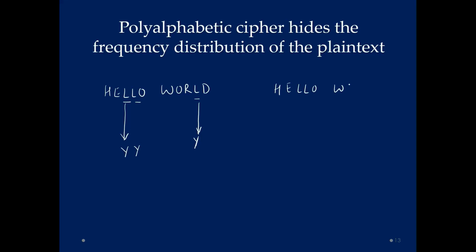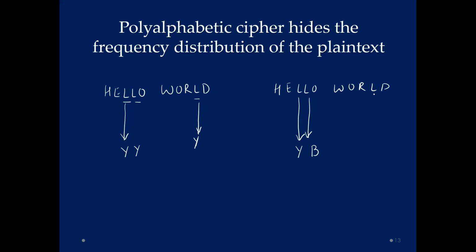But the same thing if I'm using polyalphabetic cipher to encrypt the word hello world. The first letter L will be mapped to maybe Y, but the second letter L, since we are using one to many mapping now, one letter L has been mapped to different letters in the cipher text.